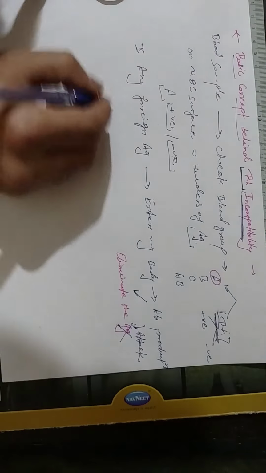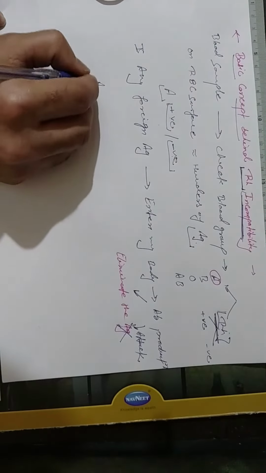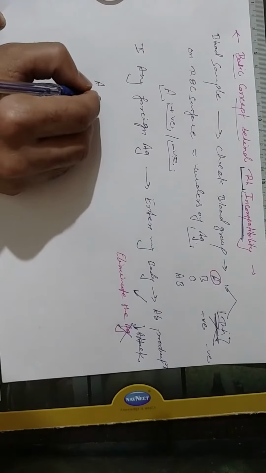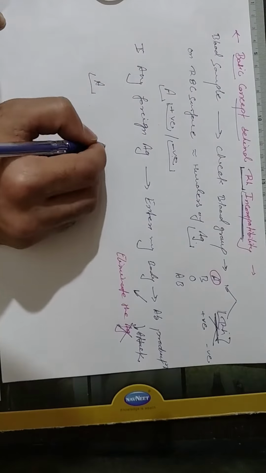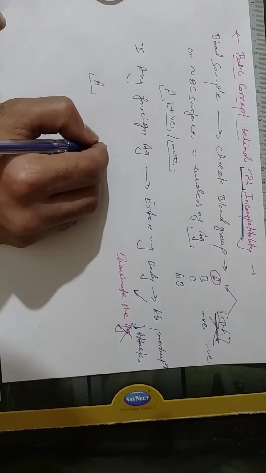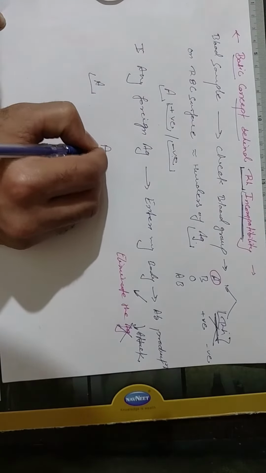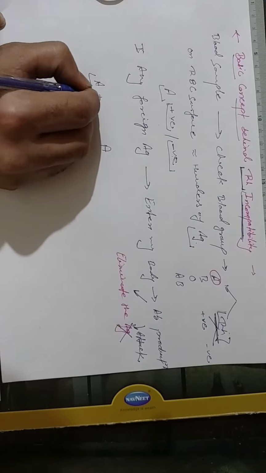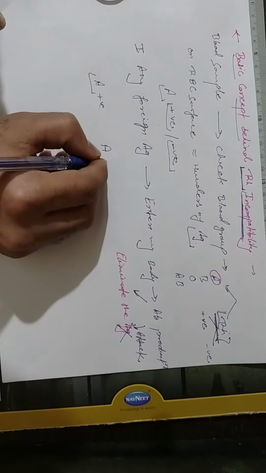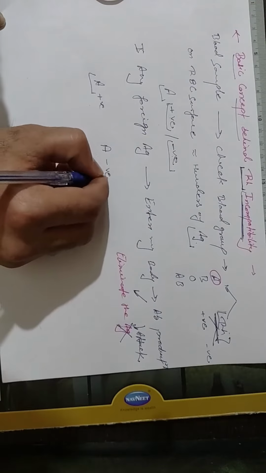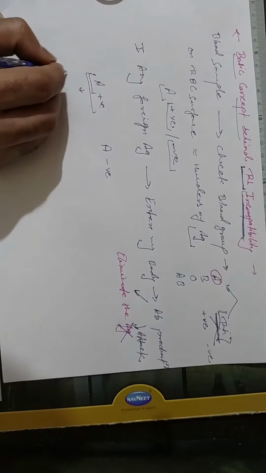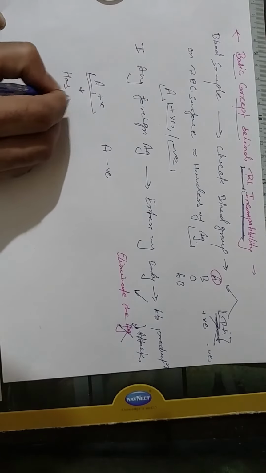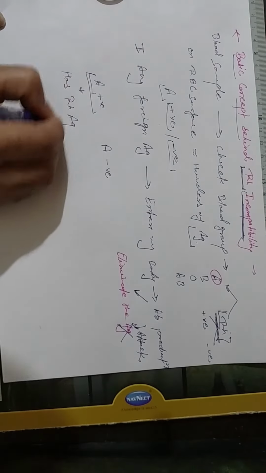So if in case one type of blood group A, for example, is mixed with another type of blood group, let's say that also A, but this one is Rh positive, this one is Rh negative, what will happen? Rh positive means this person has Rh antigen.